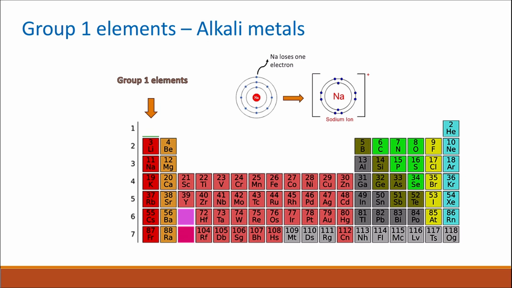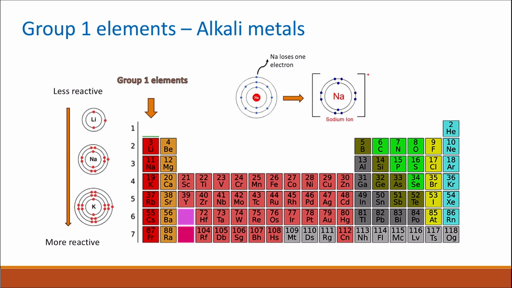with non-metals. Down the group, the reactivity will increase. So they are less reactive at the top and more reactive as you go down the group. The main reason for that is because of the increase in the size of the element as you go down the group. And the reactivity is due to how easy the element can lose the electron to form the positively charged ions.